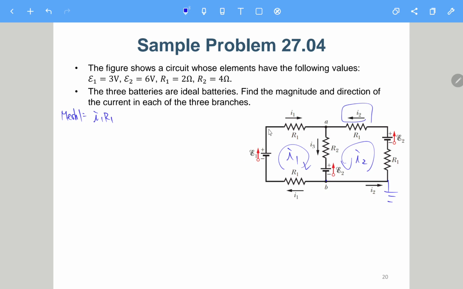This is lower, this is higher, so we should have negative E1, and then here I1 times R1 plus I1 R1, and then going to here, I1 and I2 are in the same direction, so we should add them together. So we have I1 plus I2 times R2. And then here, this is higher, this is lower, so we have plus E2 equals 0.